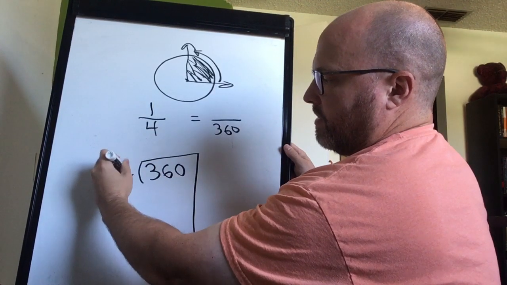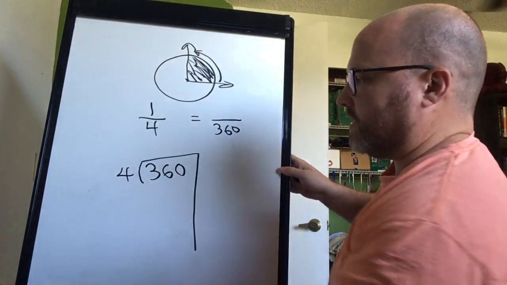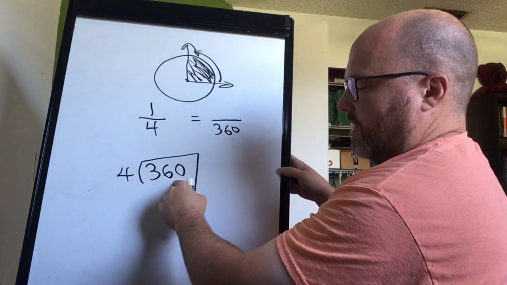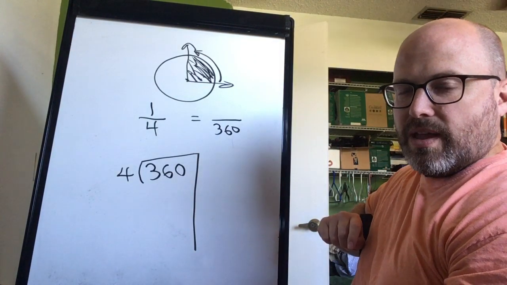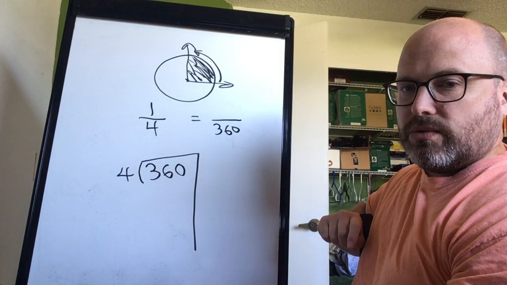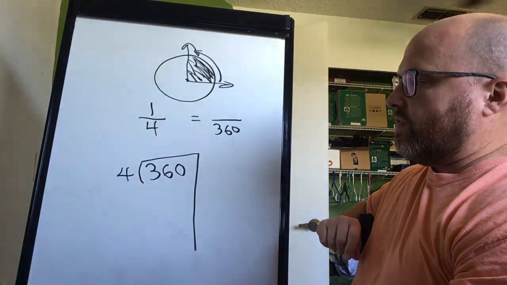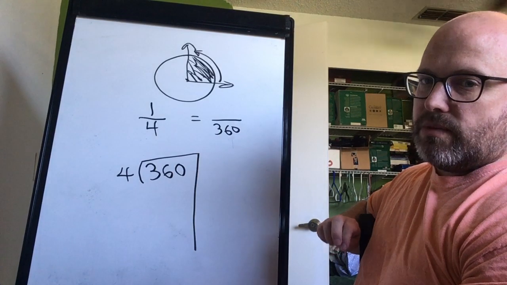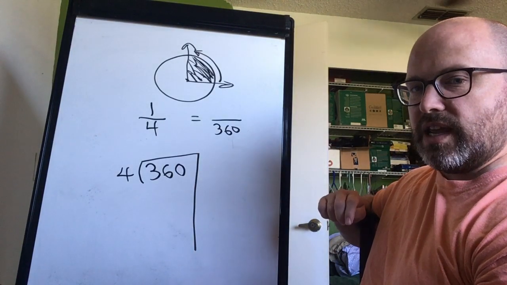I'm going to use this method. You can also use an area model, but I'm going to use partial products. So 4 into 360, I'm going to think to myself, what number can I use to multiply to get close to 360? Well, if you think about your 4 times tables, you can do 4 times 10 is 40, so 4 times 20 is 80.